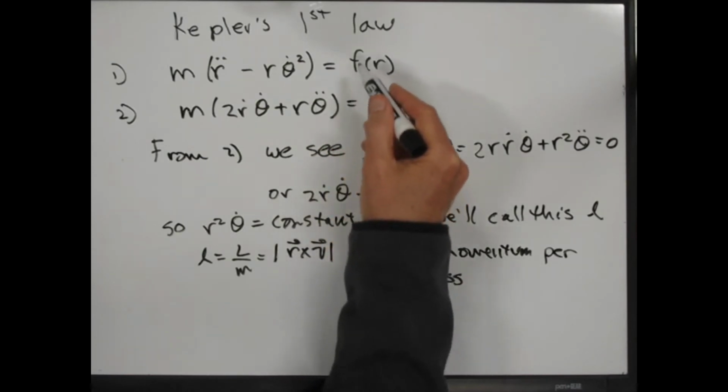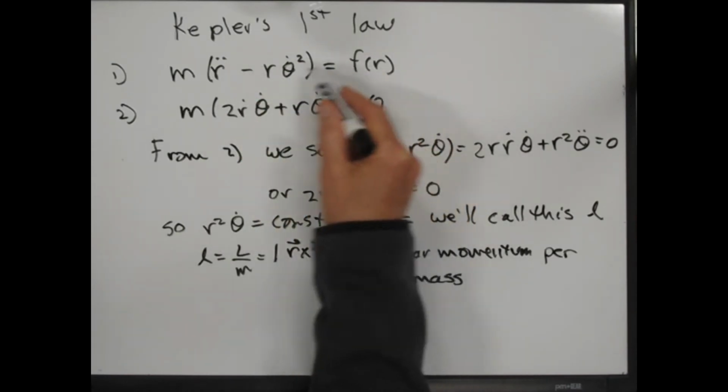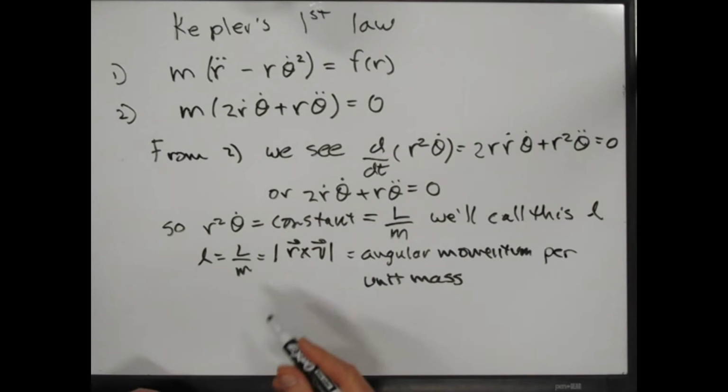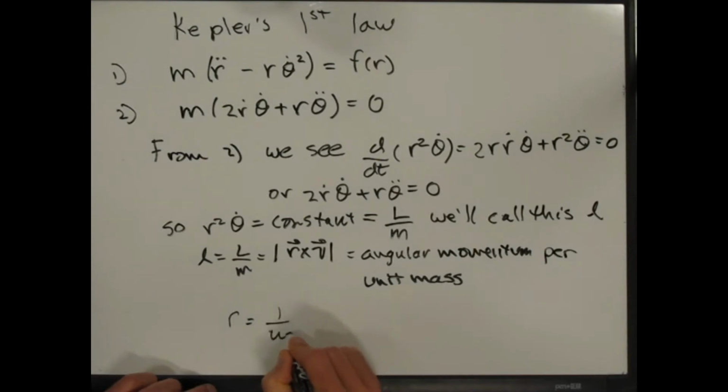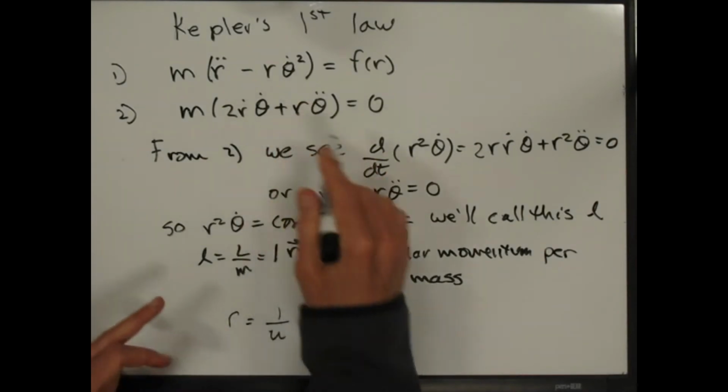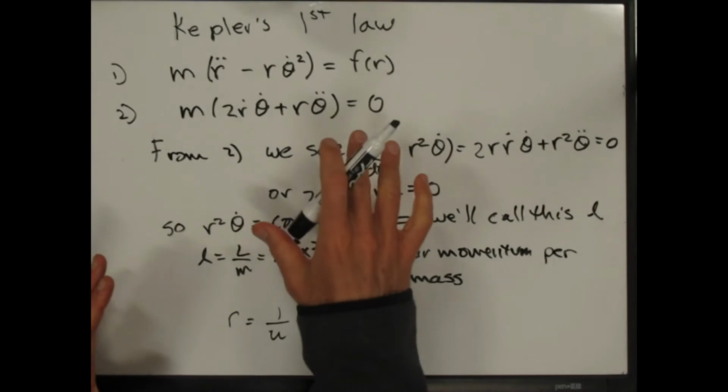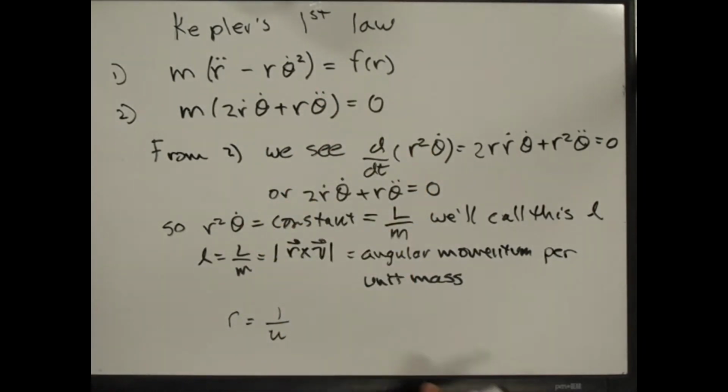In other words, we just want to get a shape of the orbit out of this. And so I'll be making some substitutions. For example, I'll be saying r equals 1 over u, and then I'll substitute that in and solve, and we'll put these differential equations in a form where we can see solutions that give us the shapes of the orbit. What we're looking for is an ellipse.